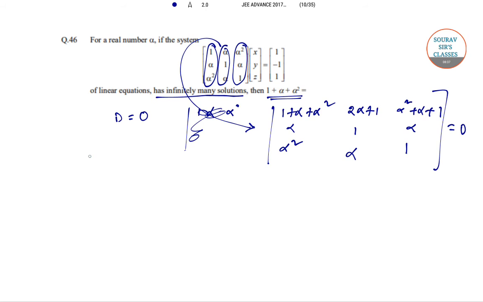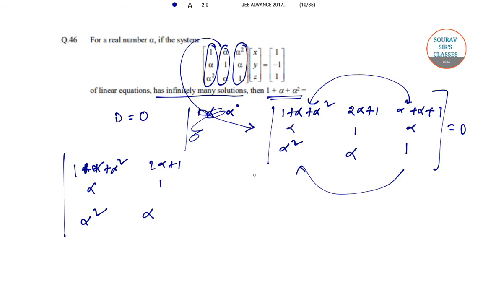Next, if we put that into determinant format, I think we can make some other zeros as well here. 1 plus alpha plus alpha square. Keep the first column unchanged, keep the second column also unchanged, but if we subtract this from this, then we get a couple of zeros, and this is 1 minus alpha square, and this thing is also equal to 0.